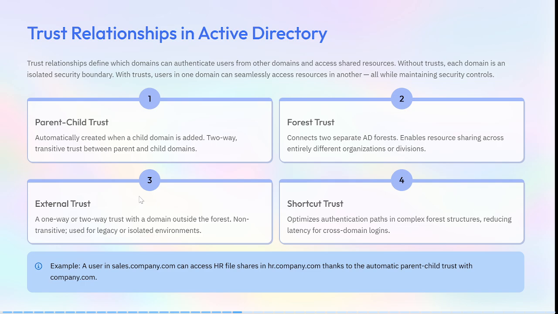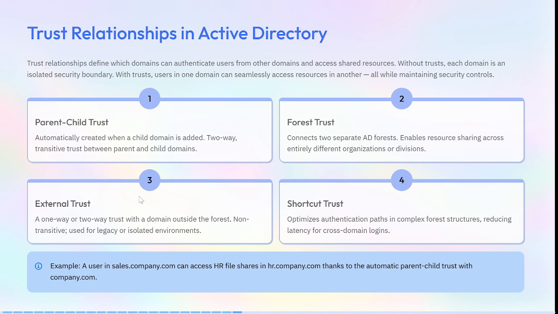Parent-child trust is created automatically when a child domain is added: a two-way transitive trust between parent and child domains. For example, you have company.com and a child domain us.company.com.